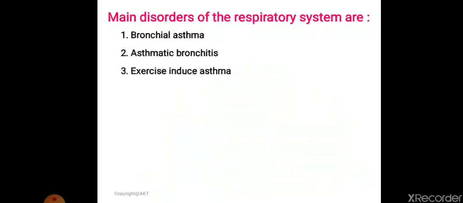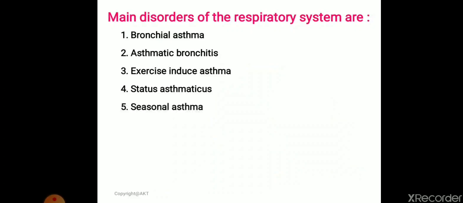So the main disorders in the respiratory system are usually bronchial asthma, asthmatic bronchitis, which is usually an inflammation associated with the asthmatic attack, exercise induced asthma, and status asthmaticus. Status asthmaticus is a dangerous condition which can be life threatening.